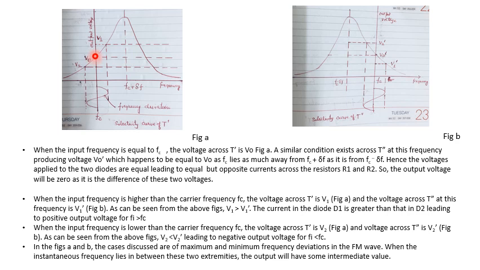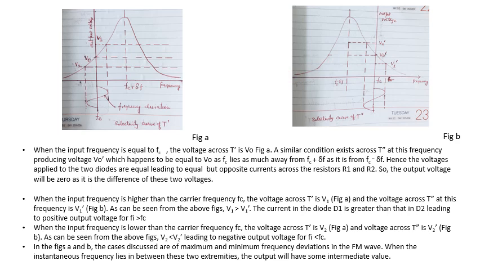From this figure, we can see that when the frequency is Fc, the output voltage of T dash is equal to V0. In figure B, for the selectivity curve of T double dash, when the frequency is Fc of the incoming signal, then the output voltage of this circuit is V0 dash.